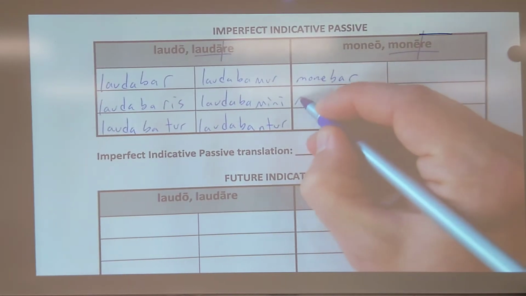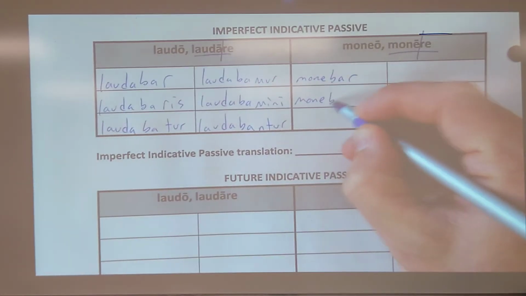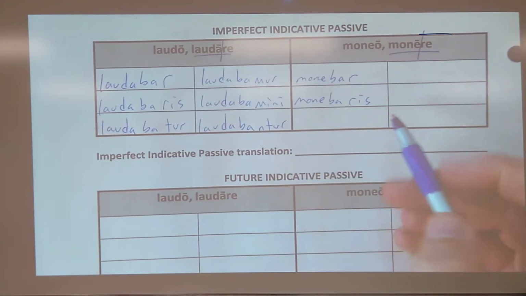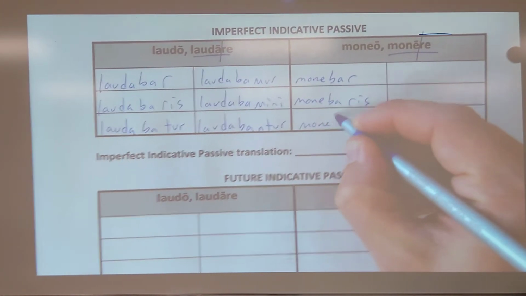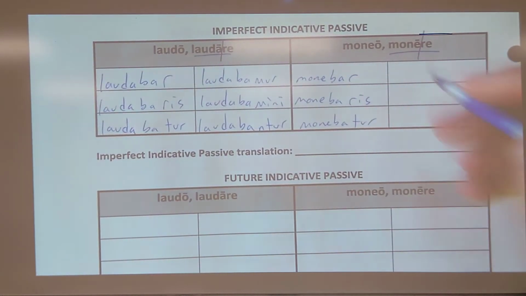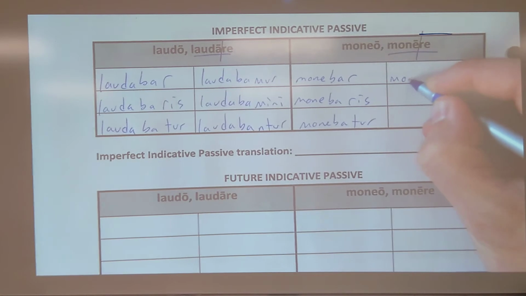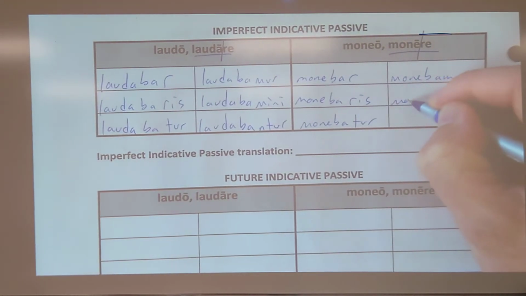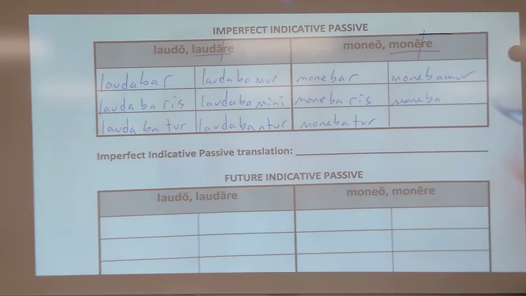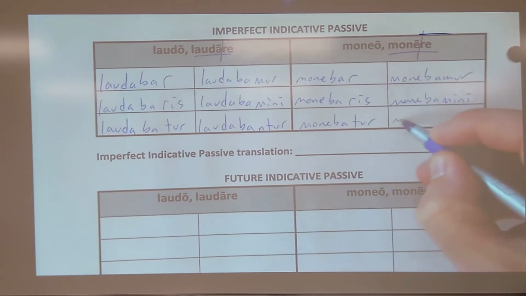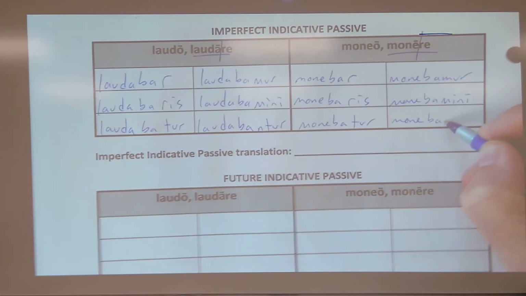Second person singular, we have our stem, it's imperfect, and ris. Mone ba ris. Okay, we can do that for the rest of them. Ar, ris, tur, mur, mini, ntur. Mone ba mur, mone ba mini, and mone ba ntur.